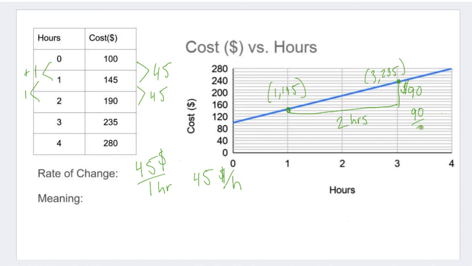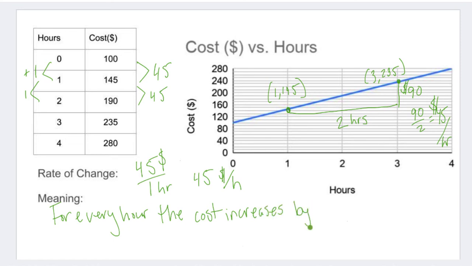So the 90 over the 2 still gives us the $45 per hour. This means for every hour, the cost increases by $45.